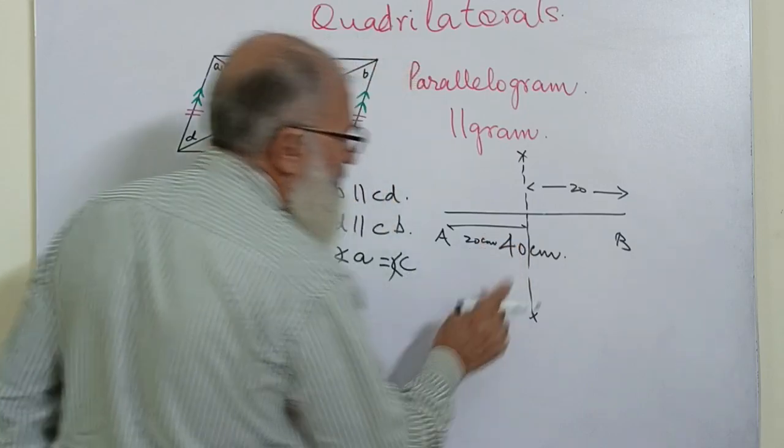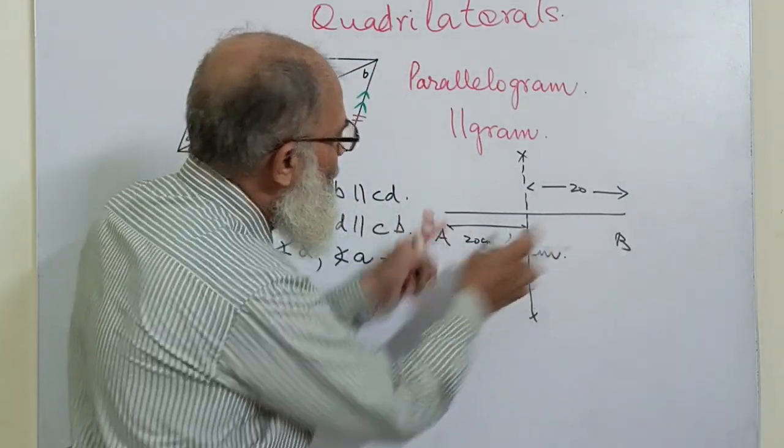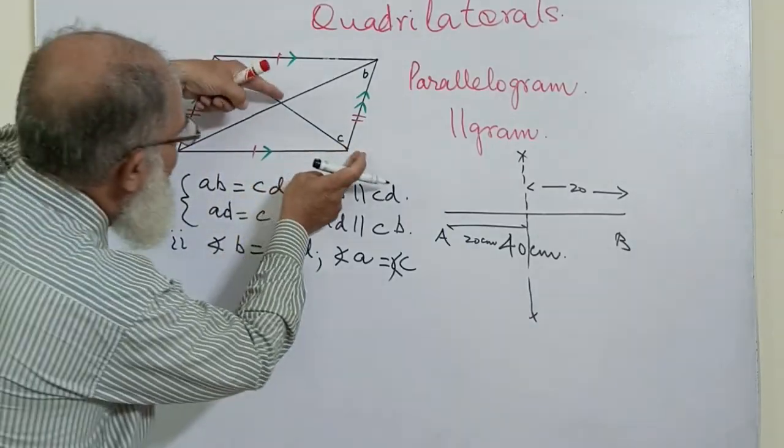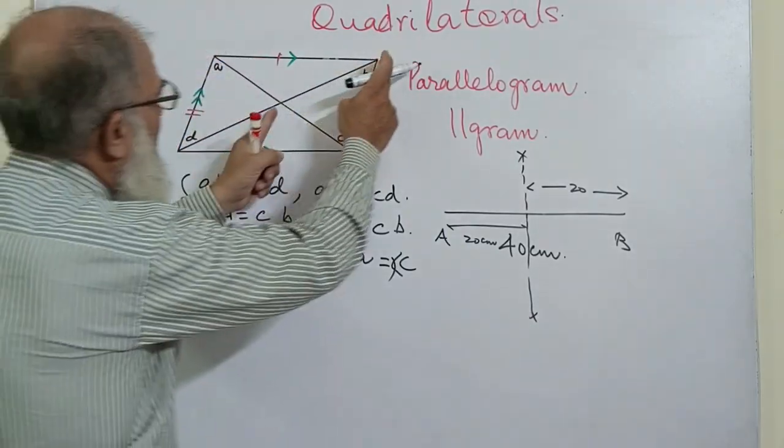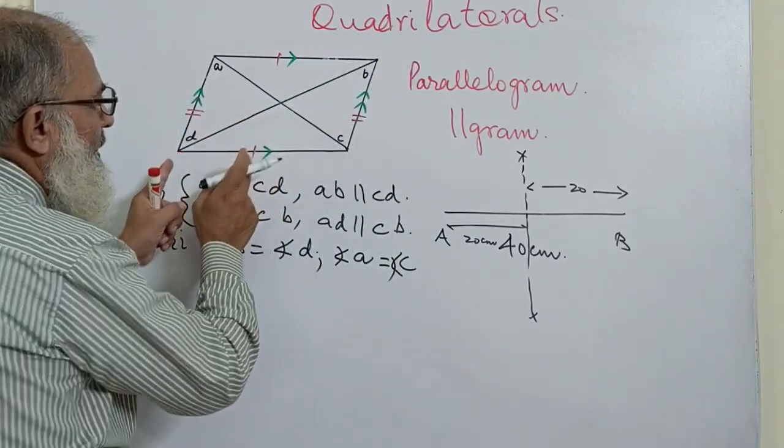So bisection means to divide a line into two equal parts. Now this part is equal, this part is equal, and similarly this part is equal to this part.